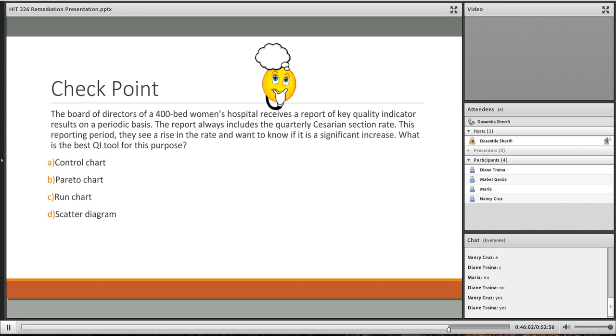What is the best QI tool for this purpose? I'll give you a second to think about. So we have control chart, Pareto chart, run chart, and scatter diagram. So if we want to see whether this rise is significant, what could be the best tool?